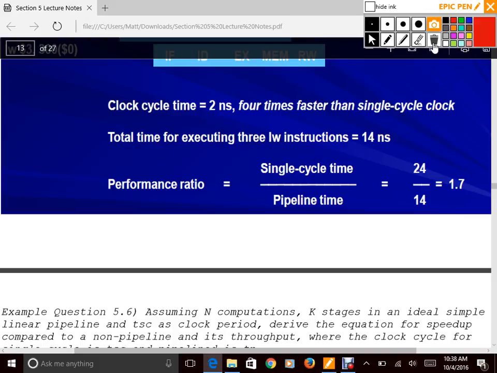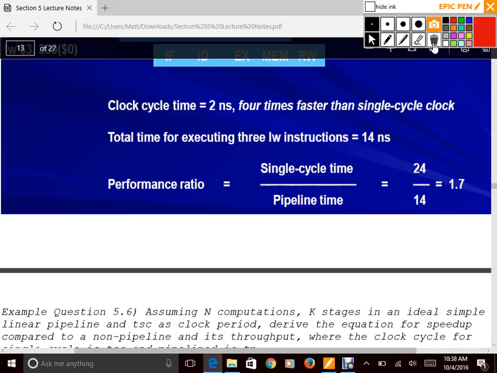If it's the second, it's 5 plus 2. Is that correct? How far off am I? Yeah, Alex, minus 1, very good. So it's k plus n minus 1.